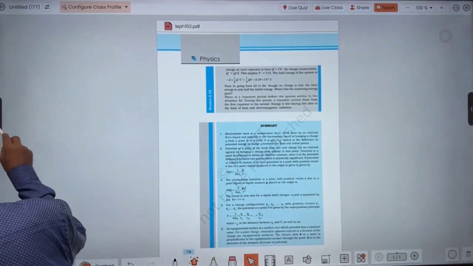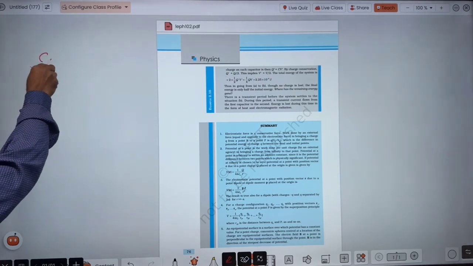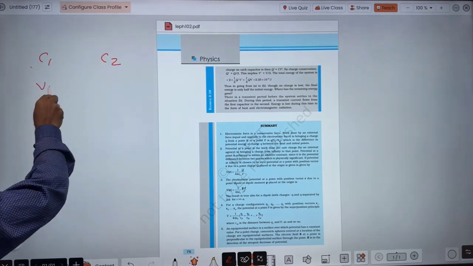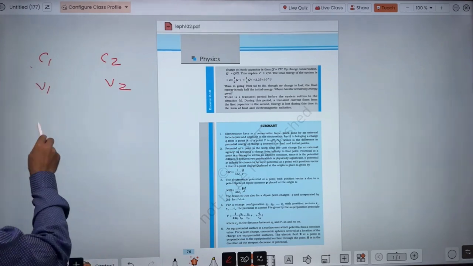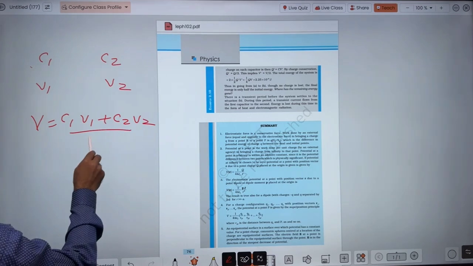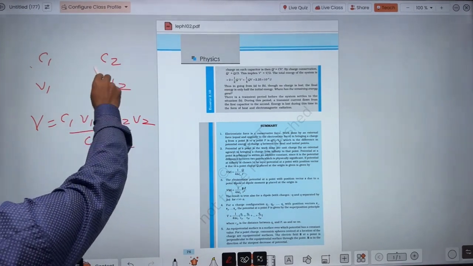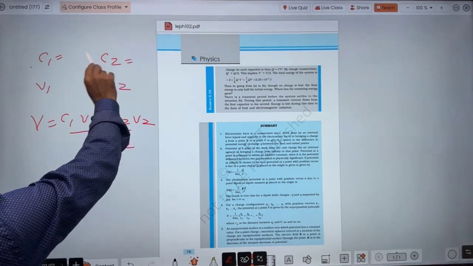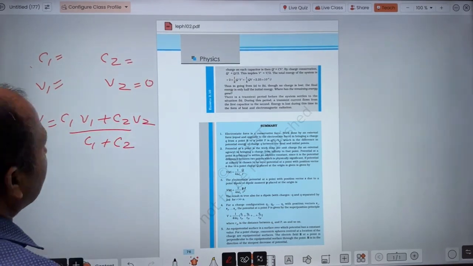Suppose there are two capacitances, C1 and C2, at voltages V1 and V2. Then the common potential is C1 V1 plus C2 V2 divided by C1 plus C2. Here the second capacitor has the same value, 900 picofarad. C1 and C2 are equal, but the voltage for the second is 0 in our question.